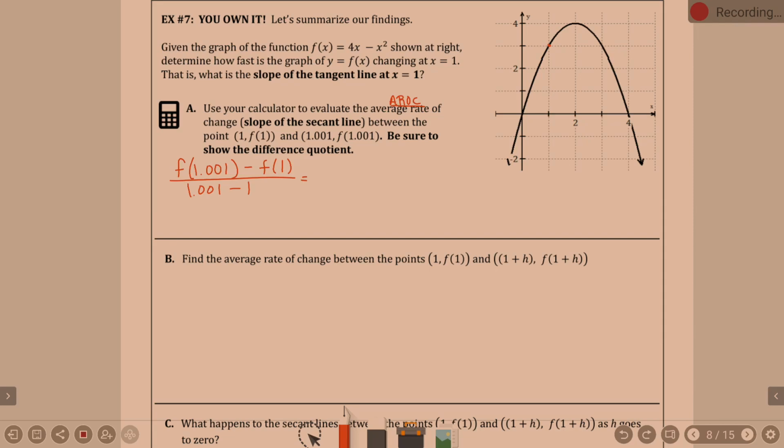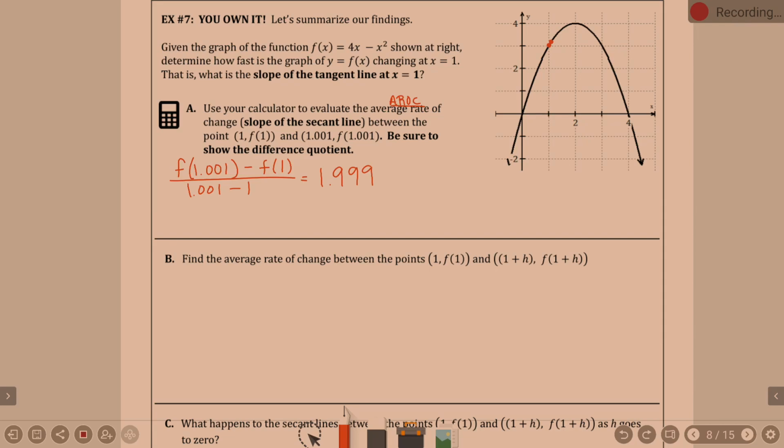Okay, there's the calculator. So that right there is your slope of the secant line. Now keep in mind it's the slope of the secant line because here's 1, and 1.001 is where? Essentially right next to it, isn't it?